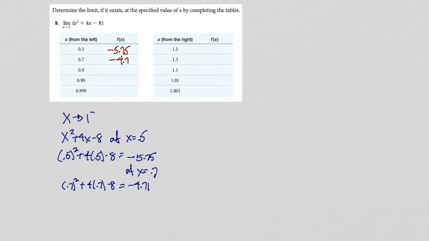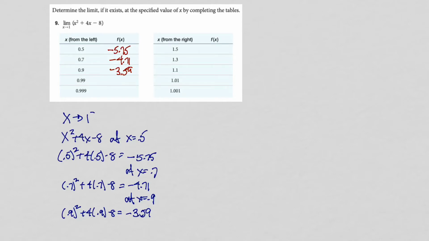And now let's try it at x equals 0.9. We get 0.9 squared plus 4 times 0.9 minus 8, and my calculator showed me that is negative 3.59. I'll put that up here.